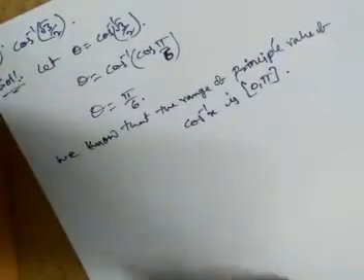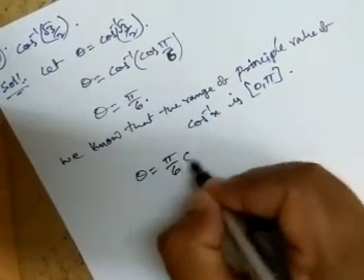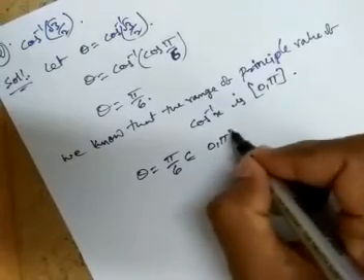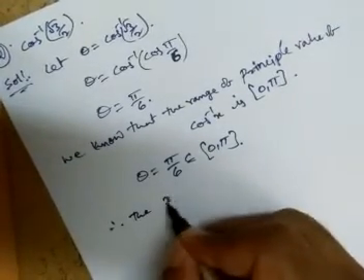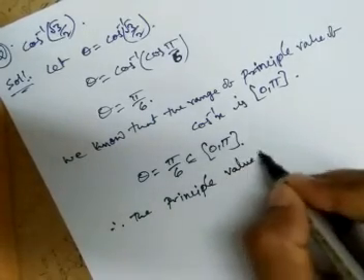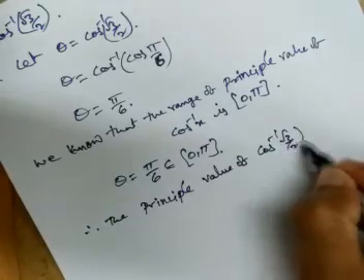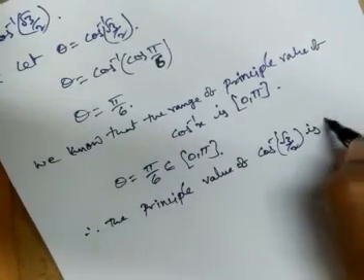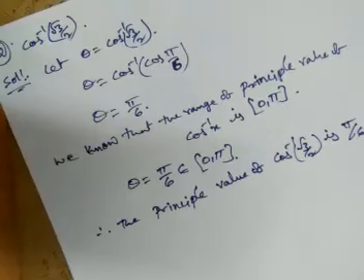So theta equals pi by 6 belongs to 0 to pi. Therefore, the principal value of cos inverse of root 3 by 2 is pi by 6. Simple question.